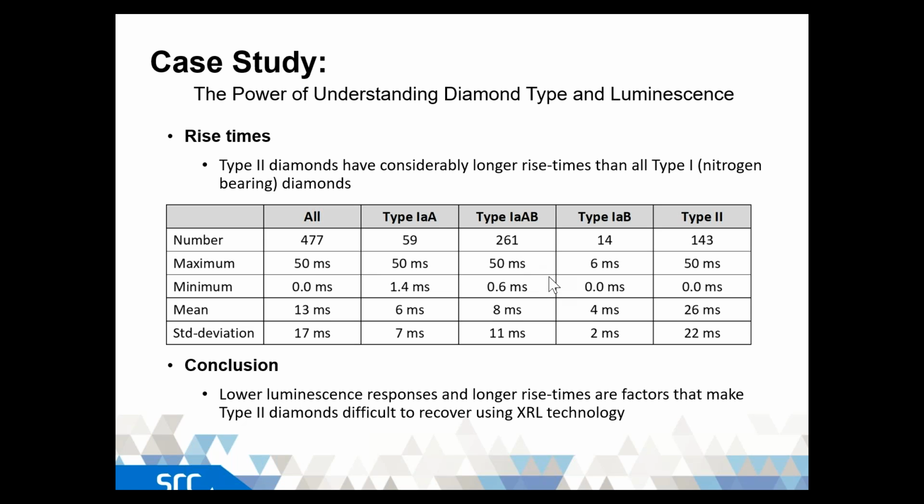And what this shows us is the type 2 recovery can become a twofold problem where they exhibit low luminescence, but they also take a longer time to reach their peak luminescence. So even if they are presented to the X-ray source and given enough time to luminesce, that luminescence curve is going to be weak and show a slow rise time to get up to that weak peak luminescence, adding to that complexity for recoverability using XRL.